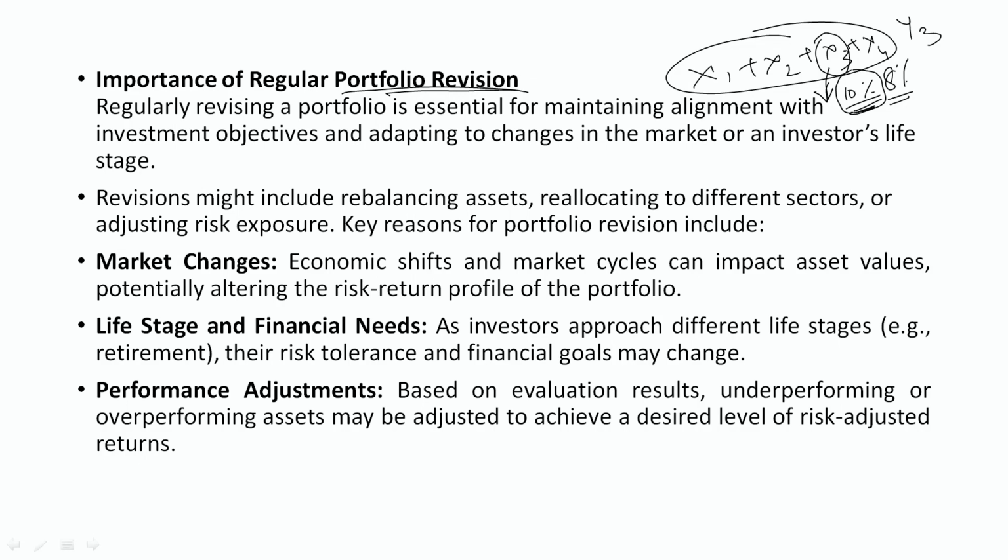This process of looking into the portfolio which you have already constructed and making the required changes within the portfolio by changing the different securities available is called portfolio revision.